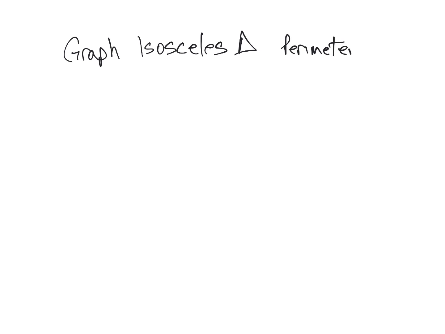And let's end on this one. I want, you're going to graph an isosceles triangle. And I want the perimeter. And I want the area. So point A is at 5, 5.